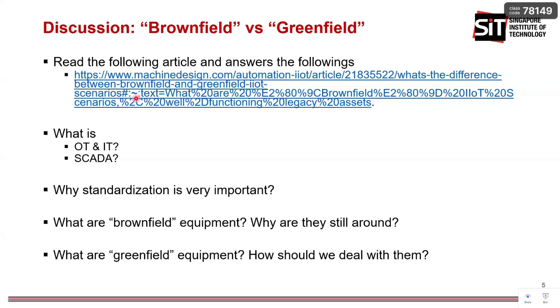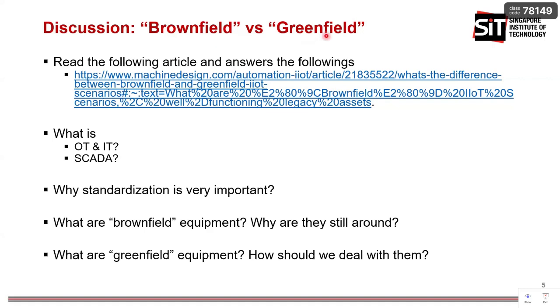But I want to share with you this transition because the Industrial Revolution started off with steam engine, and then we have electrical power, then computers, and today we have IoT and so on. Therefore, there are still very traditional conventional machines around that use non-standardized communication protocols, right?